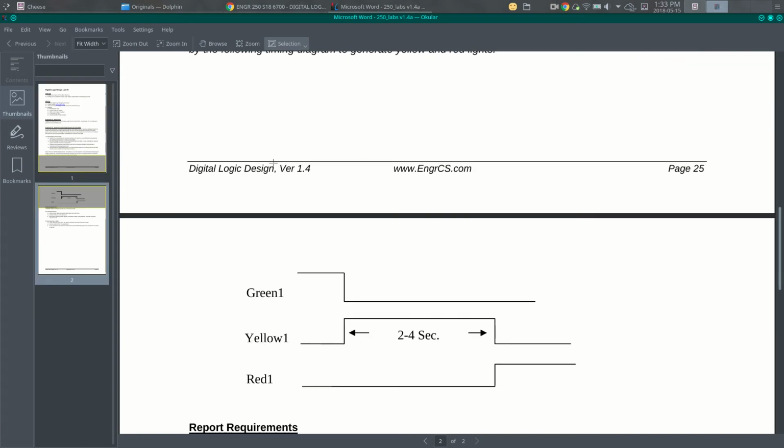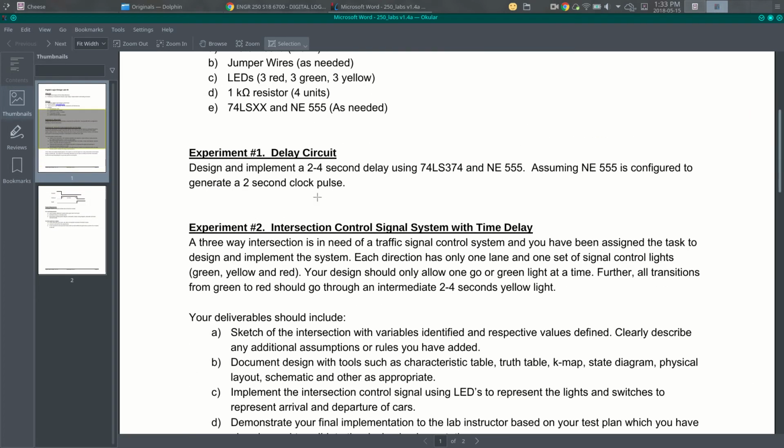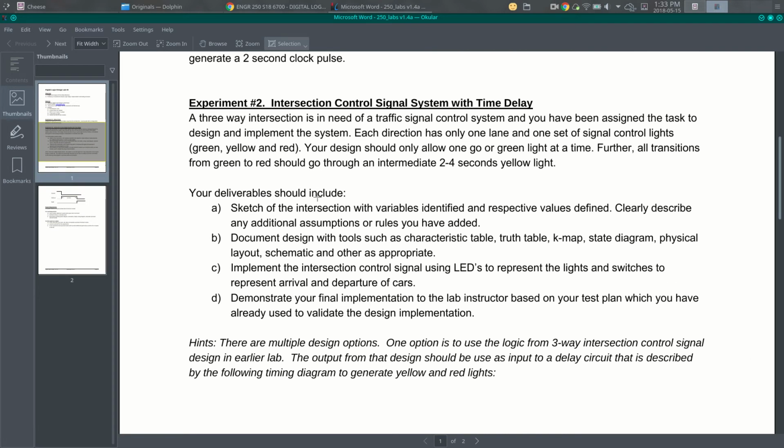It involves using a timing diagram with your delay circuit, but we're going to draw our own version of this. And if you decide to go this route, you want to explain this procedure in your lab report. Don't just put in this big horrible circuit with 80 billion chips and a sign-off sheet saying my circuit worked.